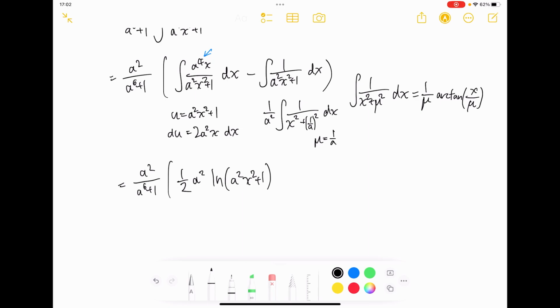So all in all, this whole thing here is going to be minus 1 over a squared times 1 over mu, which is a, so that's going to be 1 over a, times inverse tangent x over mu, which is ax, because mu is 1 over a, so x times 1 over mu is x times a, which is ax. That's J1.